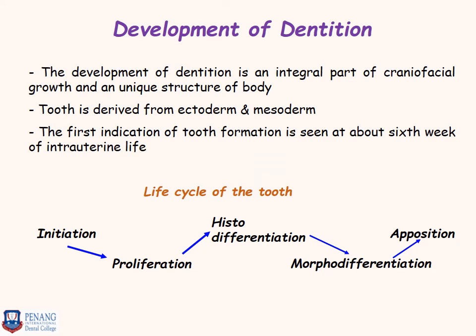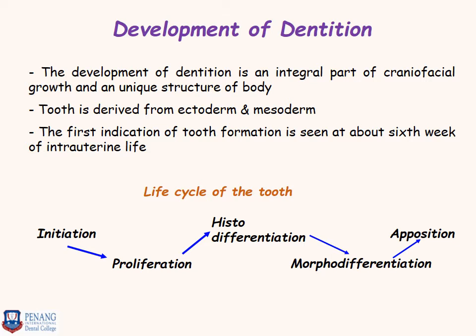So the development of dentition is an integral part of development. Our dentition plays an important role in craniofacial growth, and along with that the structure of the body, so it is interrelated with each other. The tooth is derived from the ectoderm and the mesoderm, and the first indication of tooth formation is seen at 6 weeks of intrauterine life.